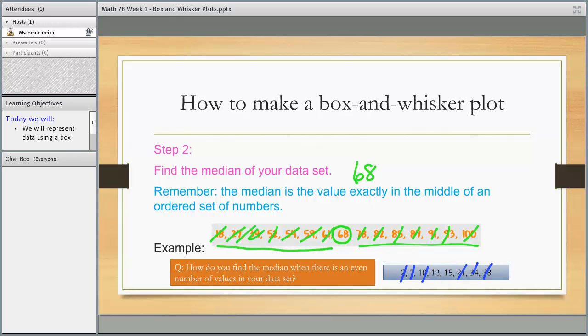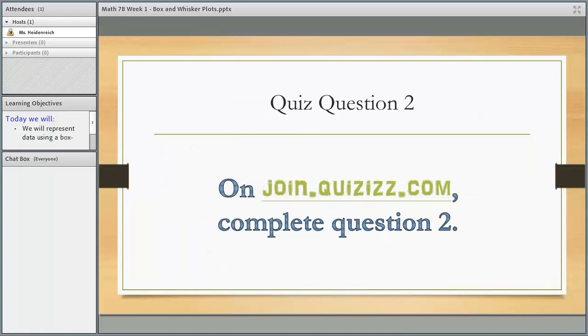So the answer to this question is to add up the two numbers and divide by 2, or find the average of those two middle numbers. You can only have one median value. So for this, we would get 27 divided by 2, which is 13.5, and that would be the median of this data set. So add up the two middle numbers and divide by 2, or find the average, or mean, of the two middle numbers.